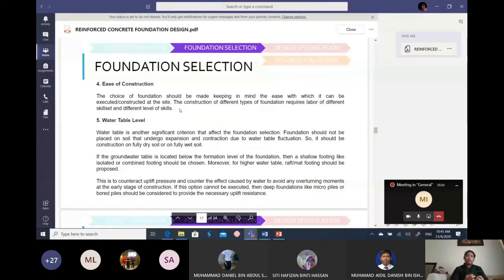So that's why if you have a look at Cameron Highland or Genting Highland, most of the foundation type that they use is a bored pile. One of my former lecturer at Shah Alam shared their experience at Genting Highland project, so they use a bored pile. Bored pile, we have two methods. Either by human digging of the soil to the certain depth, up to 30 meters.